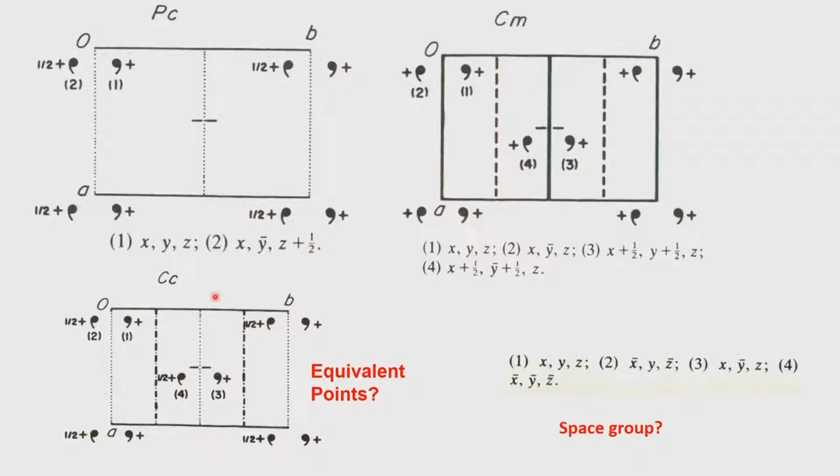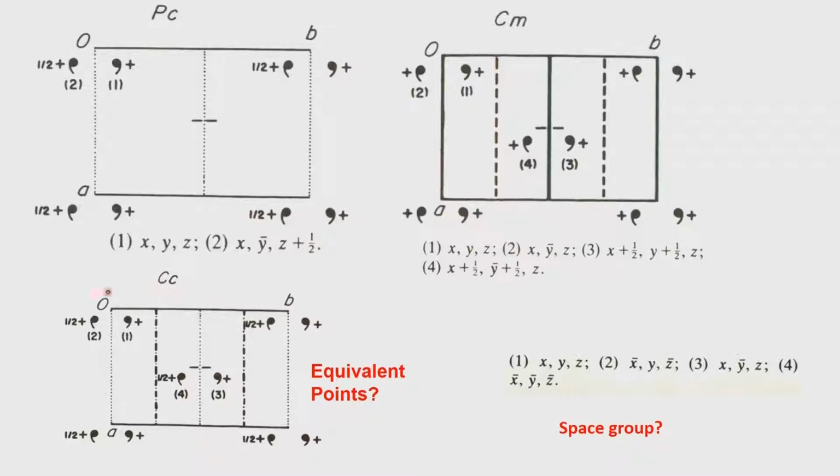CB, that means the B glide which is along the B axis. There is no possibility of a B glide along the B axis, because in a monoclinic system B is always given to the two-fold unique axis. Since B is given to the two-fold unique axis, it is not possible to have CB. So, CC and CA are both possibilities.